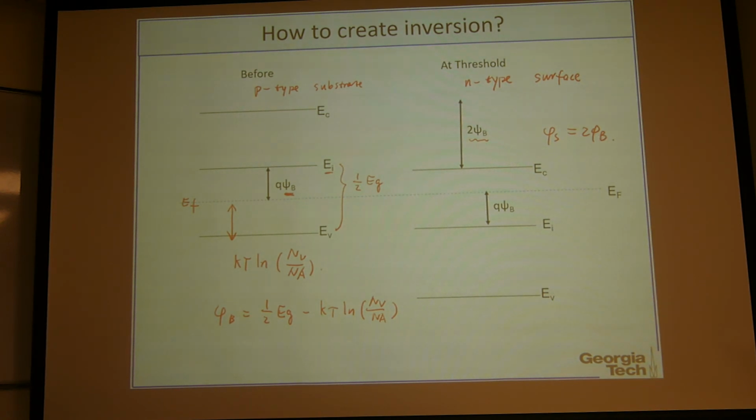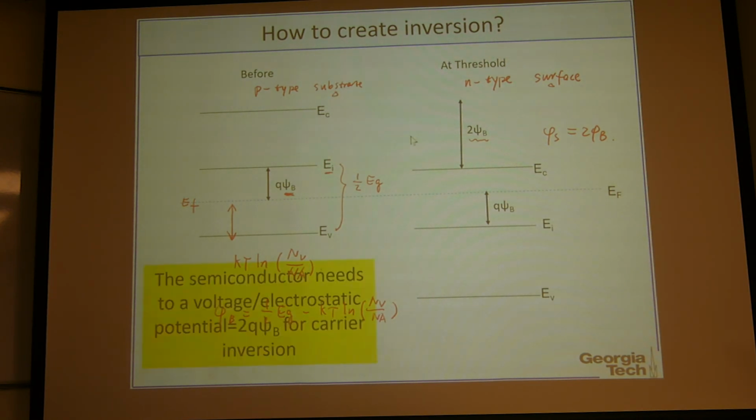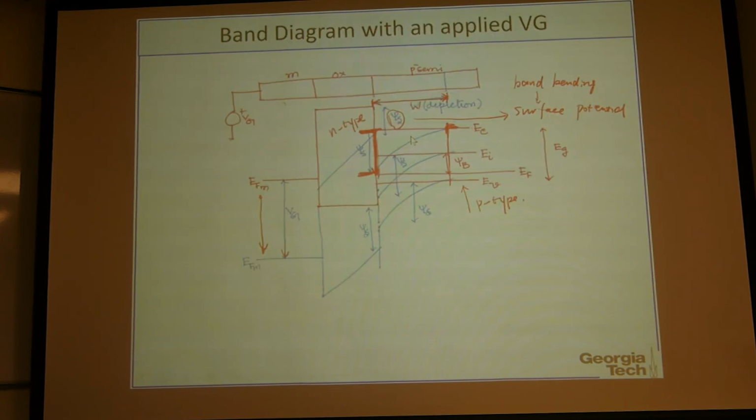Because this is the n-type surface, and this is a p-type substrate. This is what we draw in this figure. So the EC needs to be bent down by 2 phi b. That's why phi s equals 2 phi b.